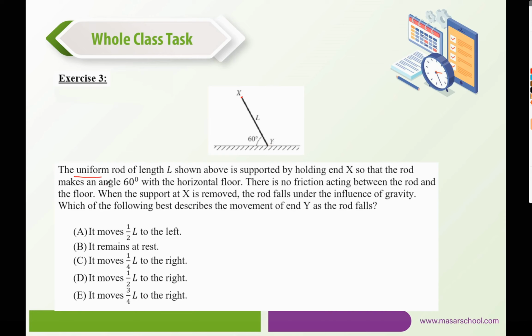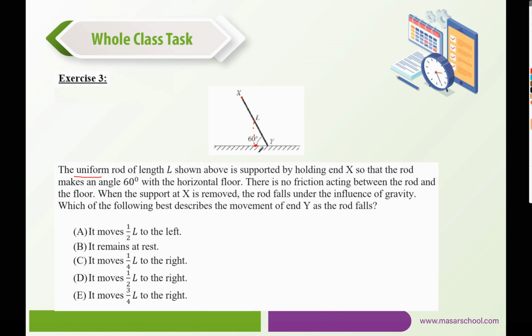Now, because the rod is uniform, the center of gravity would be at the middle, then the motion of the rod is modeled by the motion of the center of mass under the influence of gravity itself. So basically, under the influence of gravity, the center of mass will fall straight down to this position, which makes Y move to the right.